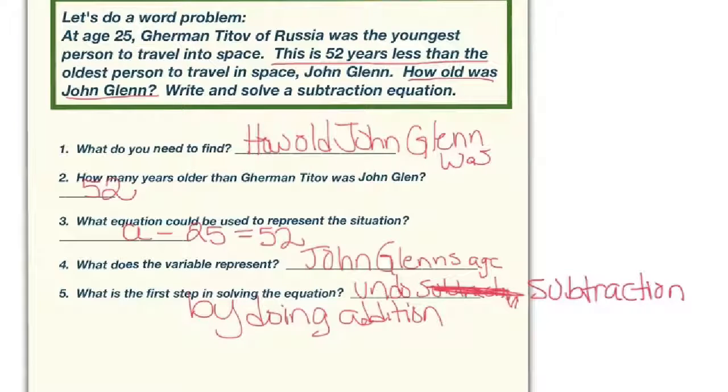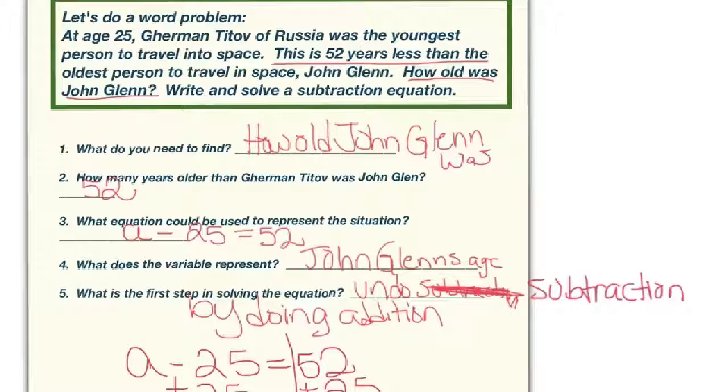So the first step in doing the equation: A minus 25 equals 52. Draw your river, add 25 to both sides, and then we get A equals 77.